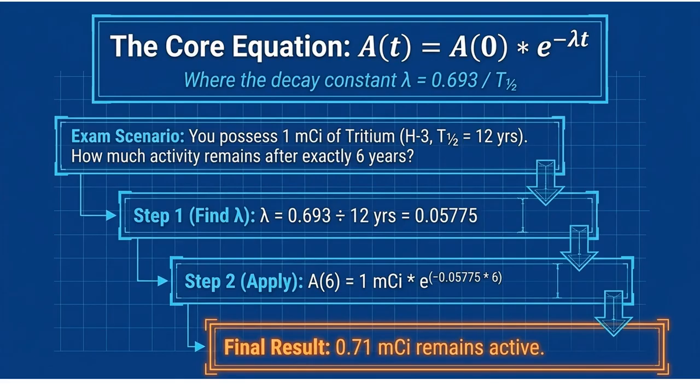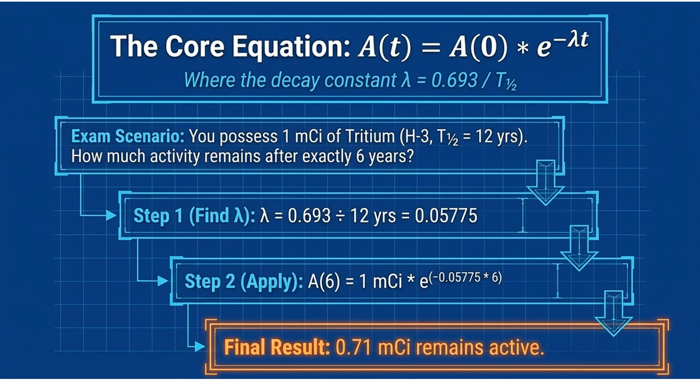The core equation for calculating decay is At equals A0 times e to the power minus lambda t, where the decay constant lambda is equal to 0.693 divided by t half.